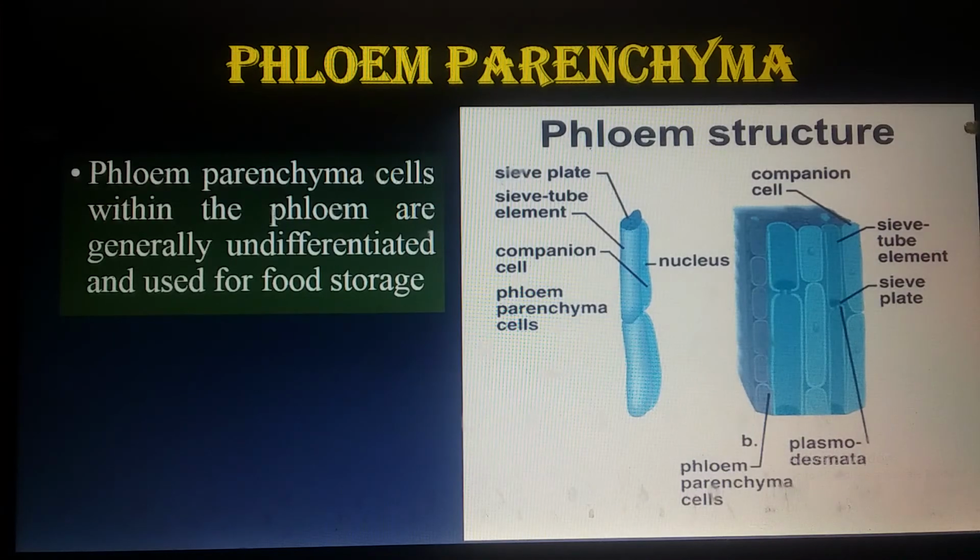Phloem parenchyma. I have discussed that parenchyma cells help in the storage of food. The function is the same here, performing storage as well as assisting in conveying and transporting food.